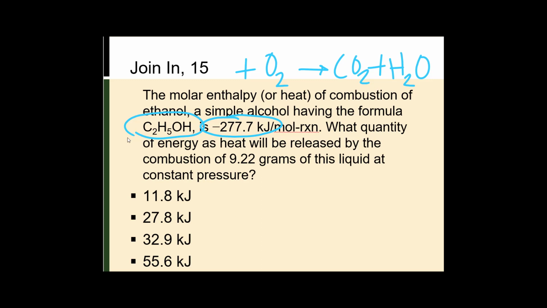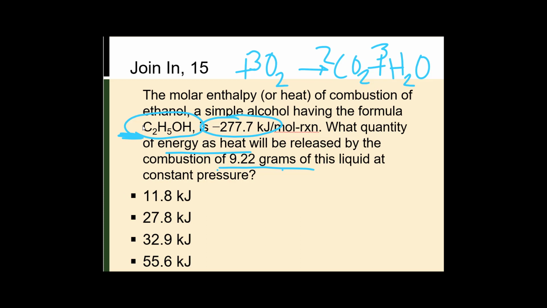Now, we're given a starting point. We have 9.22 grams of ethanol. And we want to figure out how much energy as heat will be released. So I need to go grams of ethanol to moles of ethanol, and I need to know what that balanced equation is between ethanol and my delta H. Can you do that?